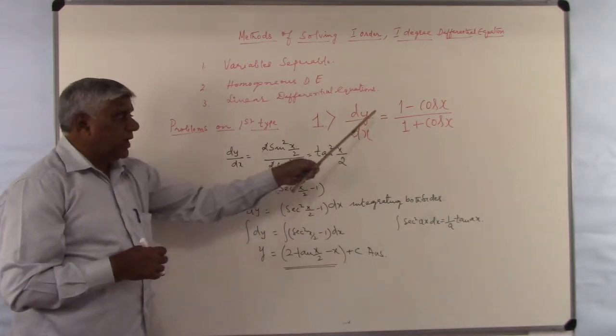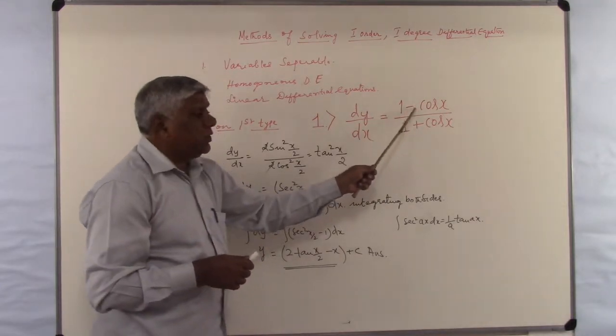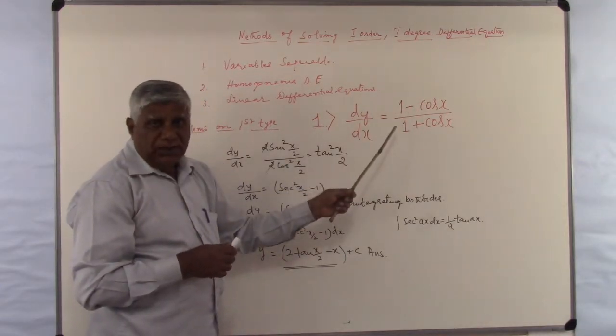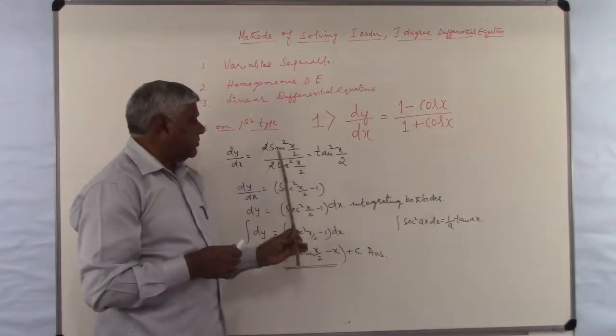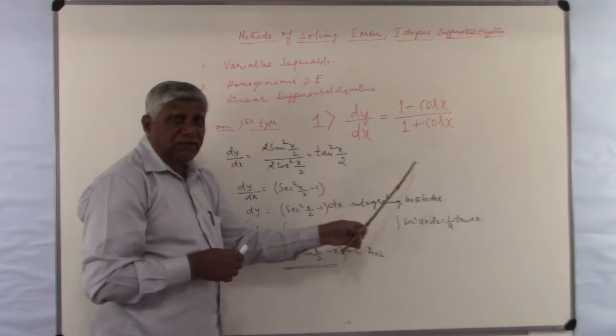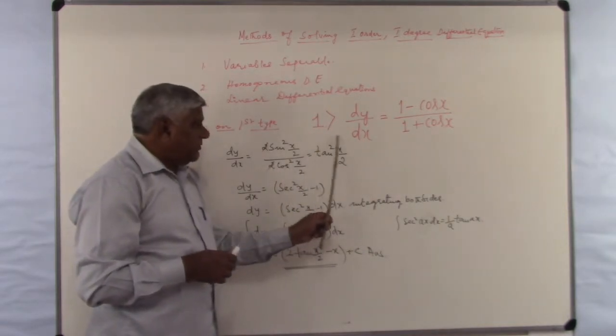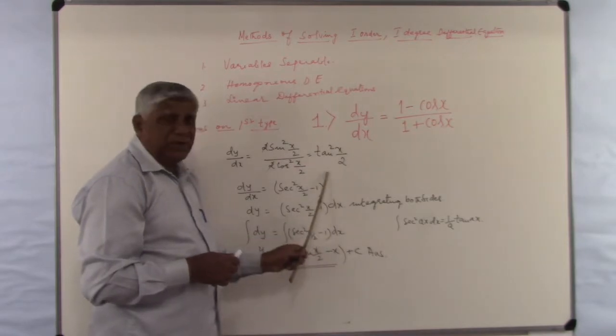Here you have to understand, this 1 minus cos x is always equal to 2 sin square x by 2, because we are using the half angle. That is why we have written it here. Similarly, 1 plus cos x, it is a half angle, 2 cos square x by 2. That is how we get this tan square x by 2.